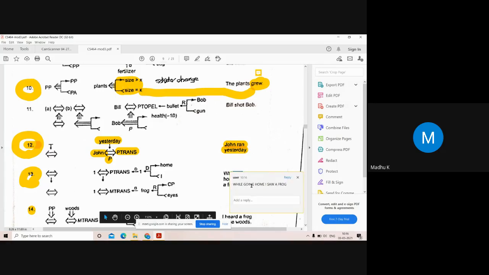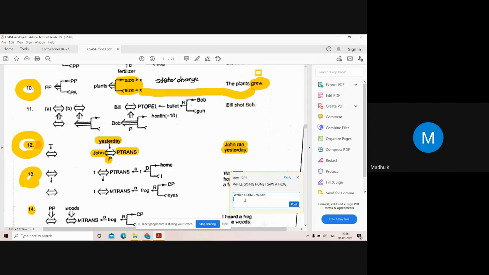You can note here, there are two sentences in this. One is "while going home." Second is "I saw a frog." So I want to combine the two sentences. Try to understand that. First is while going home.